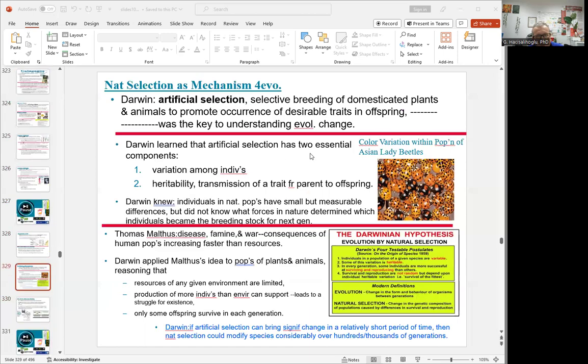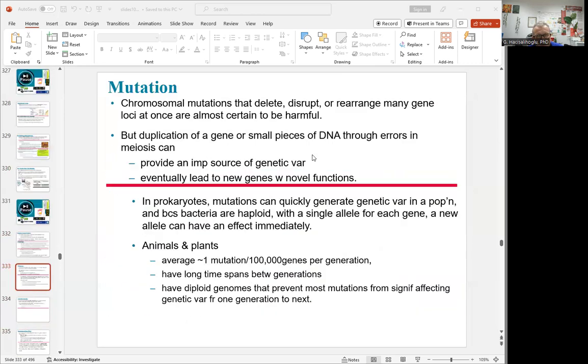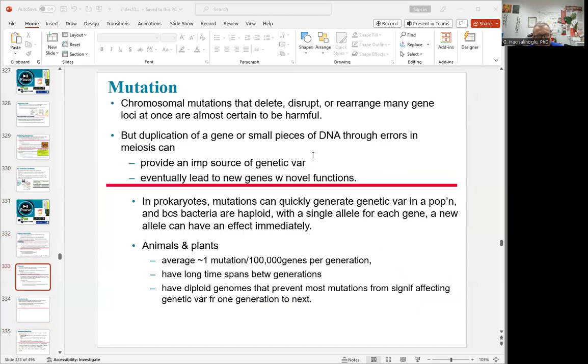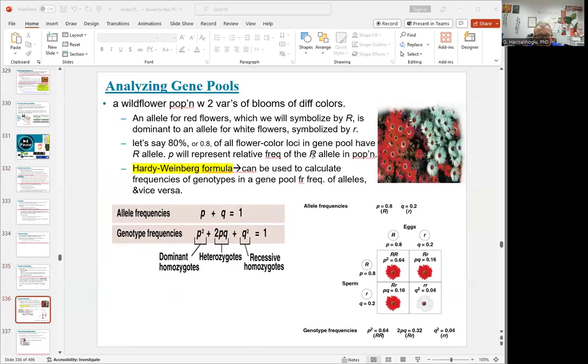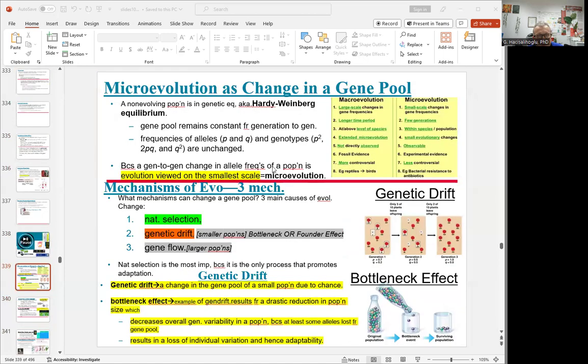This also talks about natural selection, which is one of the evolutionary mechanisms. There are other evolutionary mechanisms, basically mutation, which obviously we've seen in many places, and how this works on your populations. Other mechanisms include genetic drift and gene flow, as you can see here.